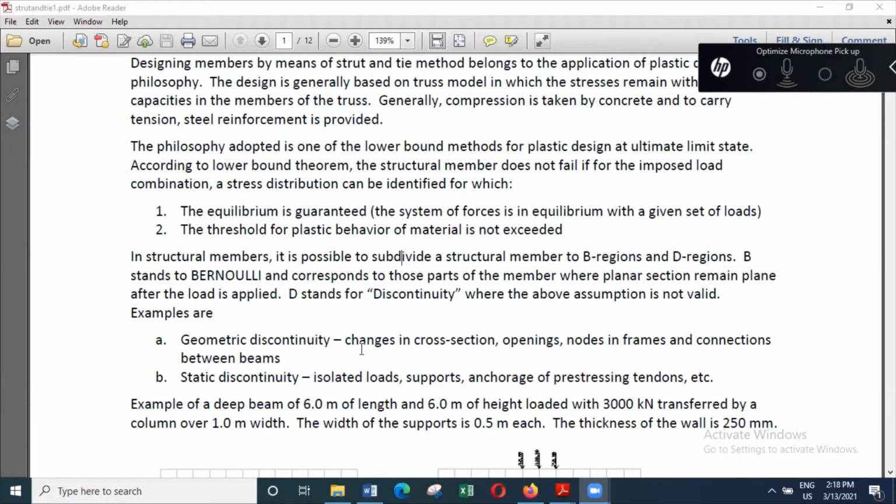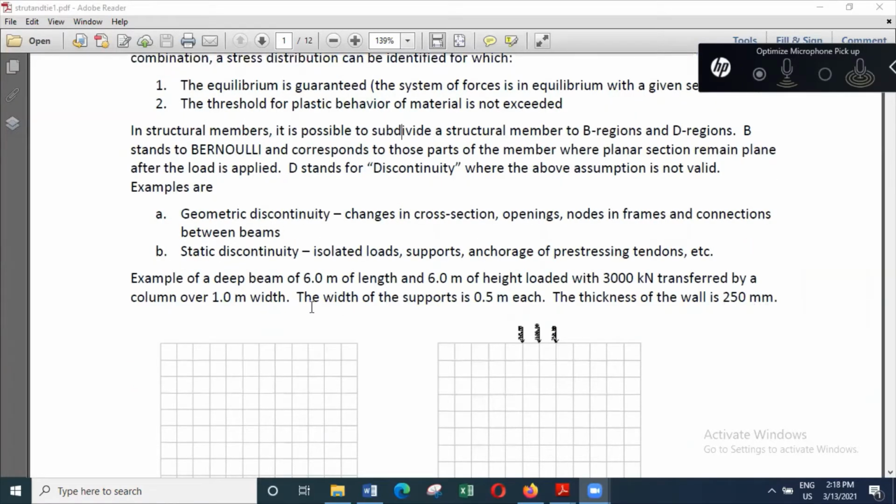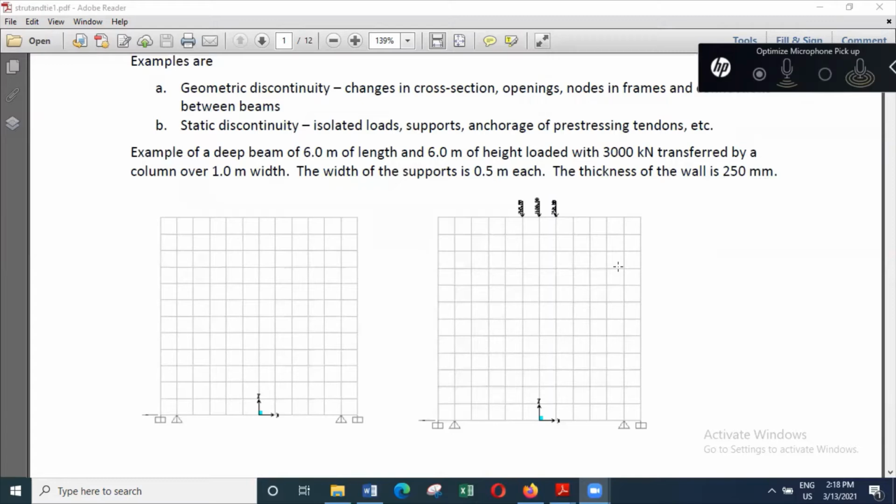So we'll look at one of the examples. We look at the example of a deep beam, 6 meters of length, 6 meters of height, loaded with 3000 kilonewtons, transferred by a column over 1 meter width. So here this beam, having a length of 6 meters and height of 6 meters, is supporting a column here.